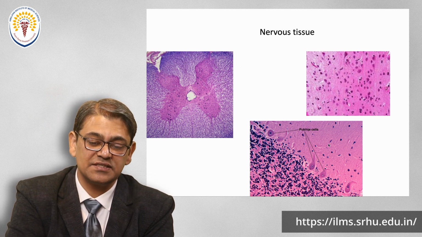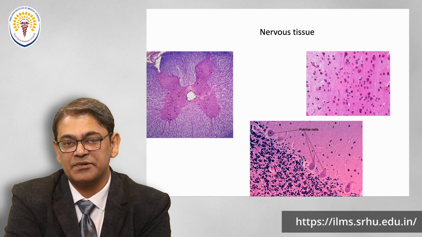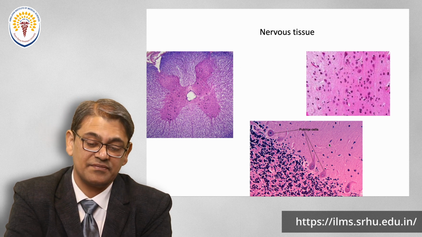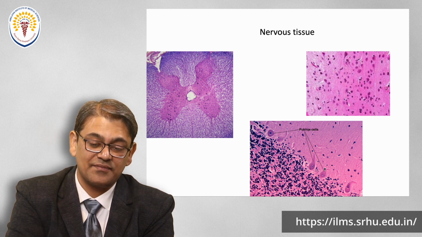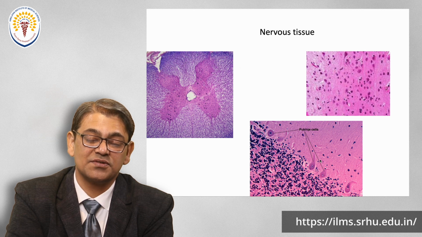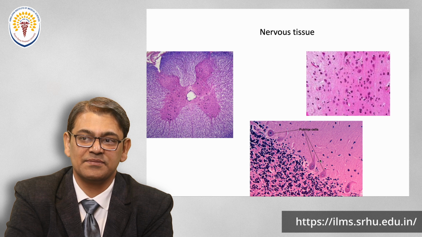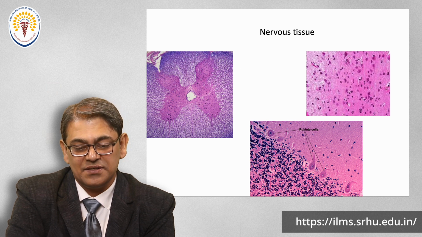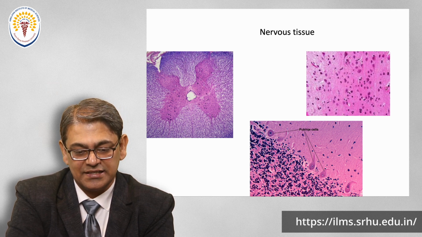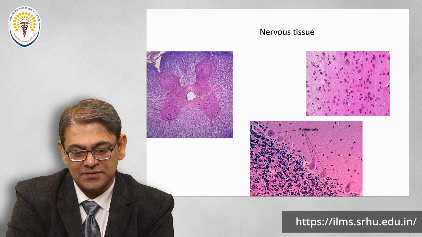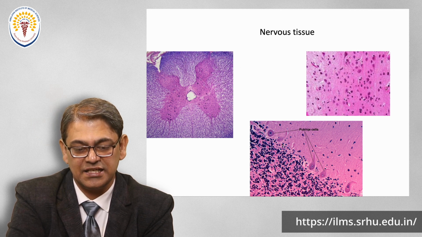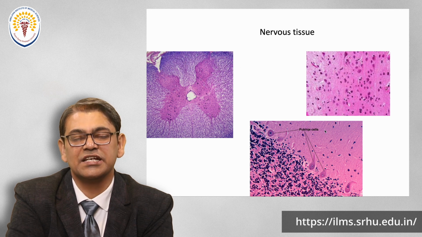But there is good news in another organ of the brain, the cerebellum. The cerebellum is one of the most interesting and histologically beautiful organs. Why am I telling you this? Because at the junction of the gray and white matter, you see a special type of flower-shaped cells, which are named Purkinje cells.